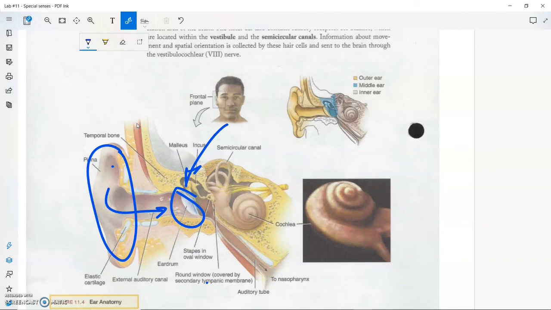Stapes transmits vibrations onto the oval window of the cochlea, and that leads to vibrations of the fluid inside the cochlea. These fluid vibrations move hair cells in the organ of Corti, and that transduces the sound into nerve impulses which reach the brain via the vestibulocochlear nerve.